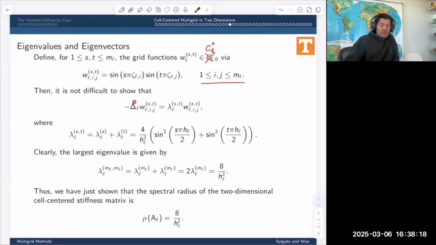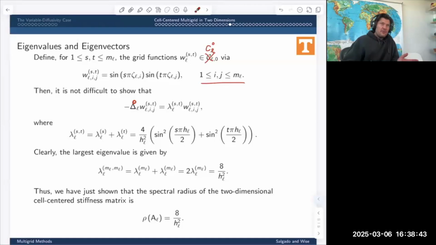You can probably guess what it would be in 3D, because I can do the same trick. I'm going to get 3 one-dimensional eigenvalues, so that would be 3 times that value. It's actually going to be 12 over HL squared in 3D. I can keep going with this. In any case, I've just found my spectral radius for the two-dimensional cell-centered stiffness matrix.